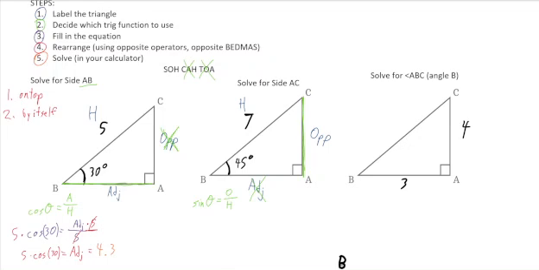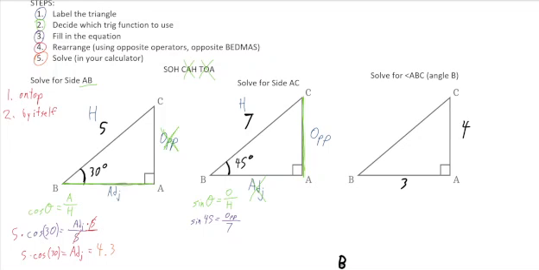Now we're going to fill in the equation, so we're going to go sine of 45 equals opposite, which is unknown, so I'm just going to leave it as op, or opposite, over hypotenuse. And actually, this is not really what I wanted.